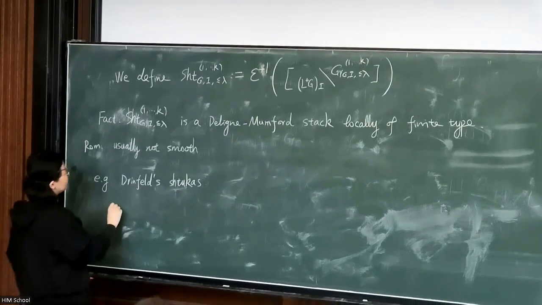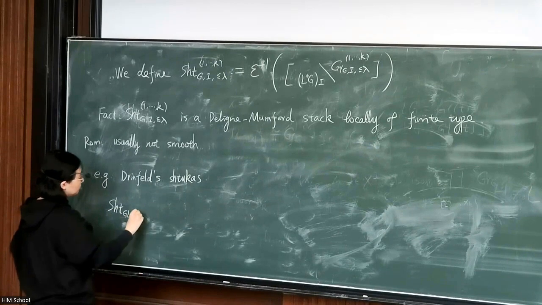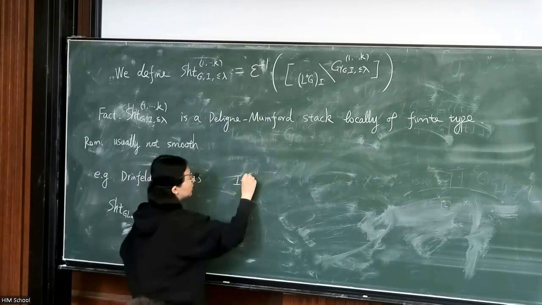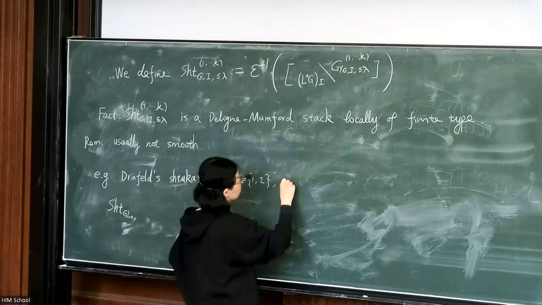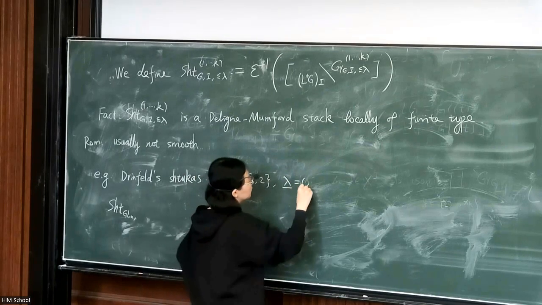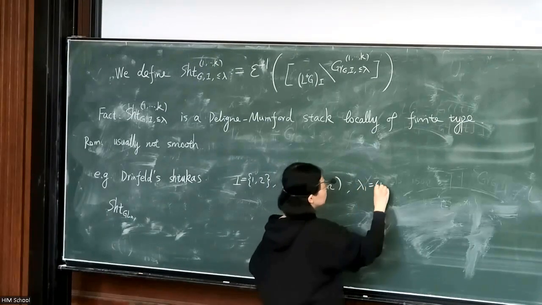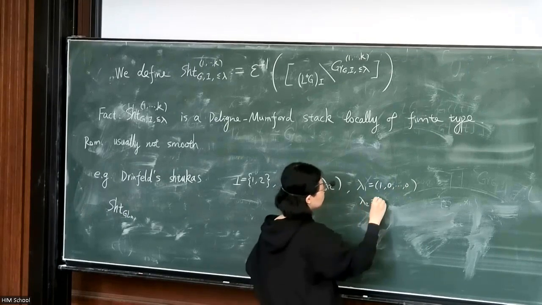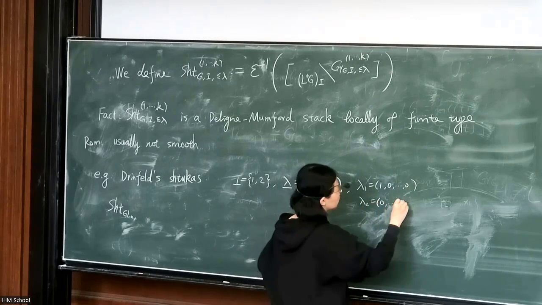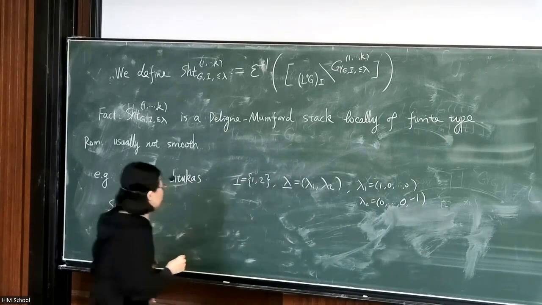So it is for GLn, a special case when there are two legs, and for the first leg you take this coweight. For the second leg you take this coweight.